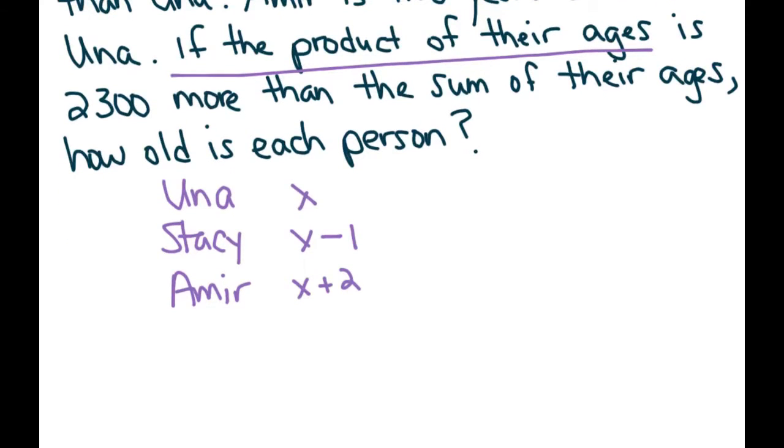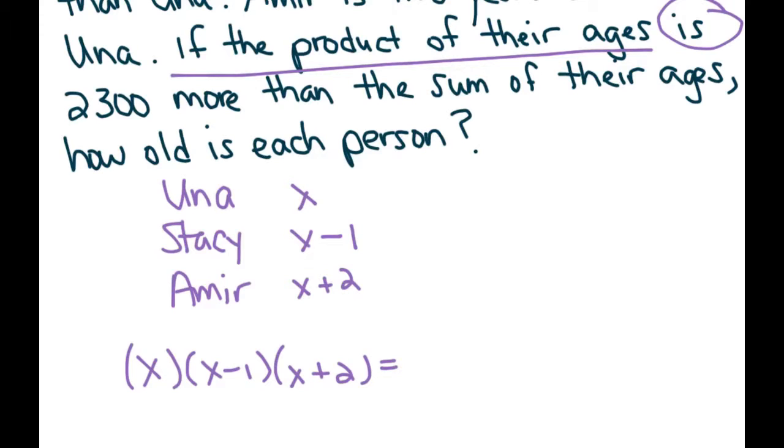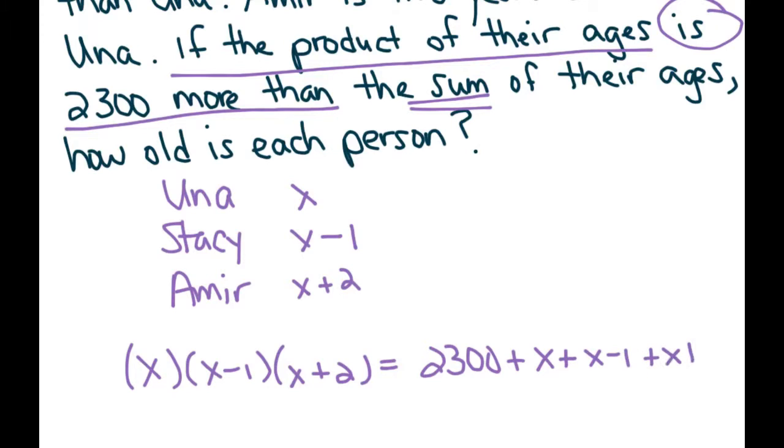So if I multiply their ages, the word is means equals 2,300 more than the sum of their ages. So x plus x minus 1 plus x plus 2. How old is each person?